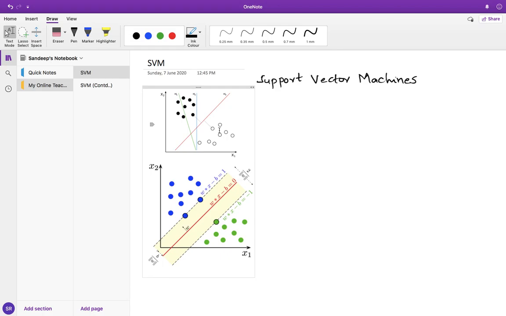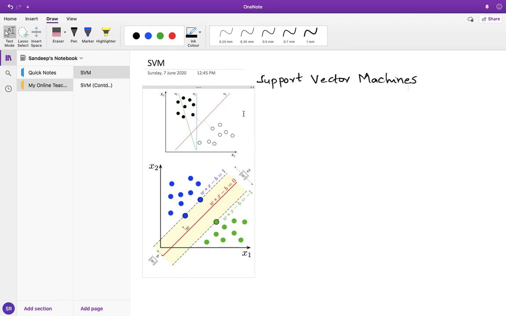Our goal is to find the equation of the line between these two classes which separates them. There are many lines which separate them, but we are interested in a line which has some peculiar properties. Since the input data is in two dimensions, we call it a line.